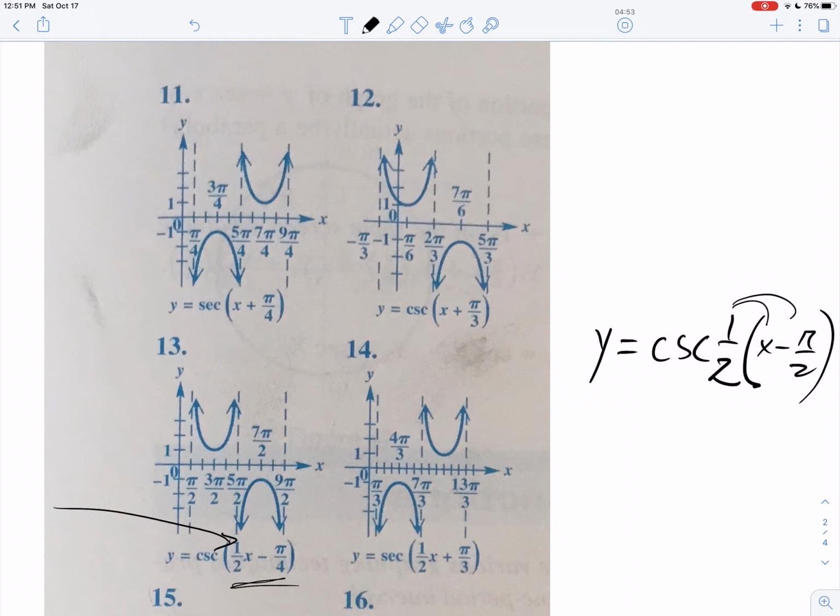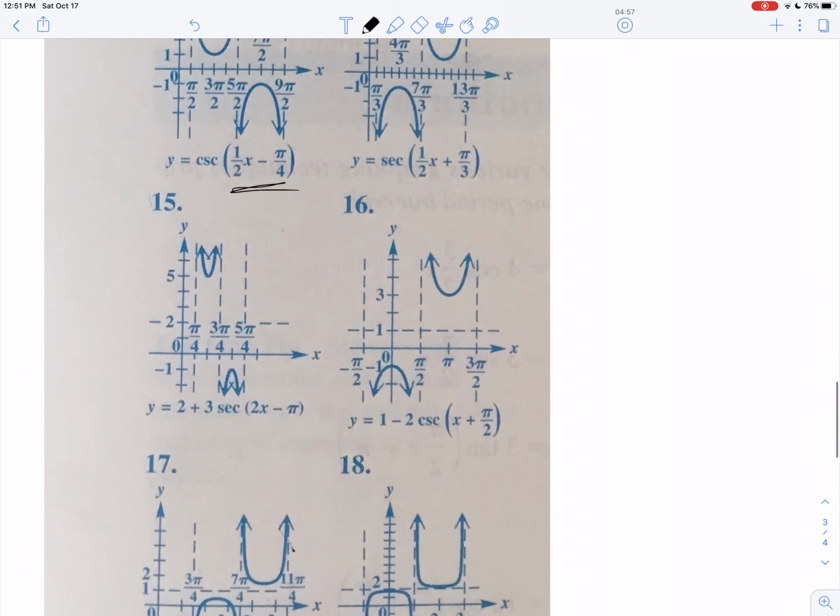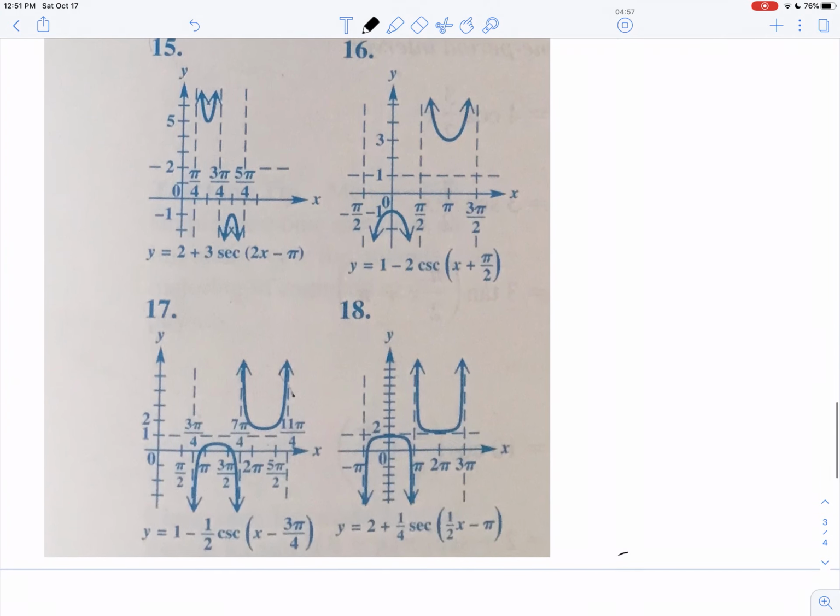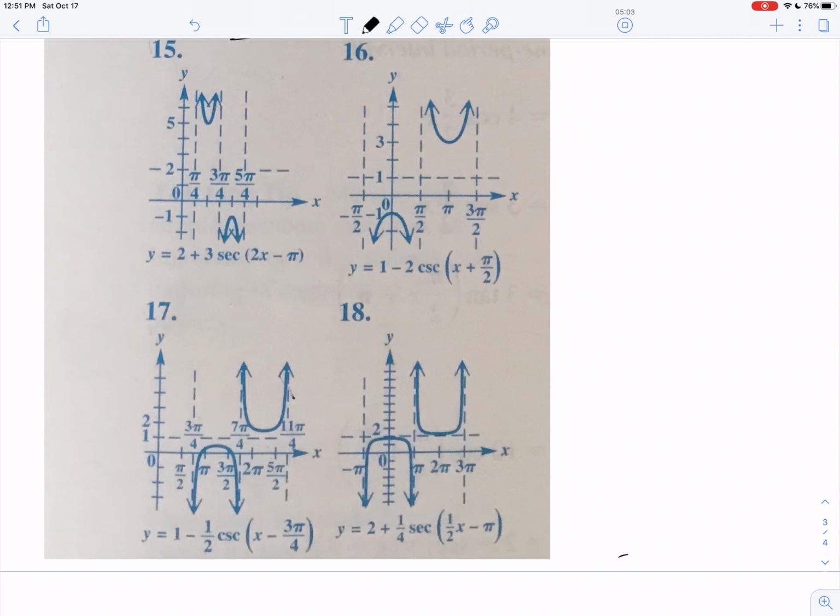But let me get rid of this. Here's 15, 16, 17, 18. Once again, they didn't mark every quartile. You guys should know that by now. You should know how to mark every quartile, etc. And there you go.